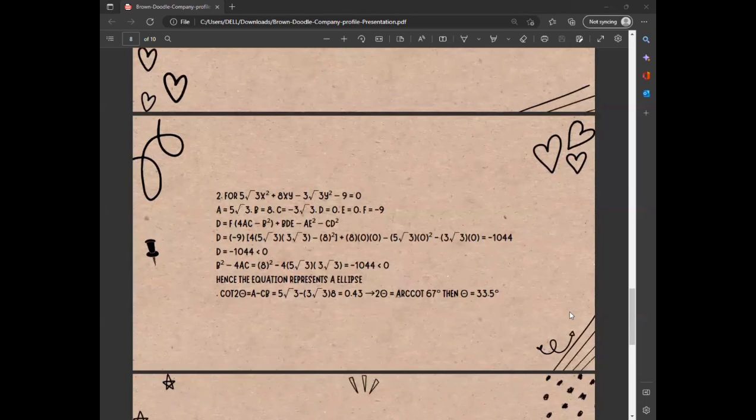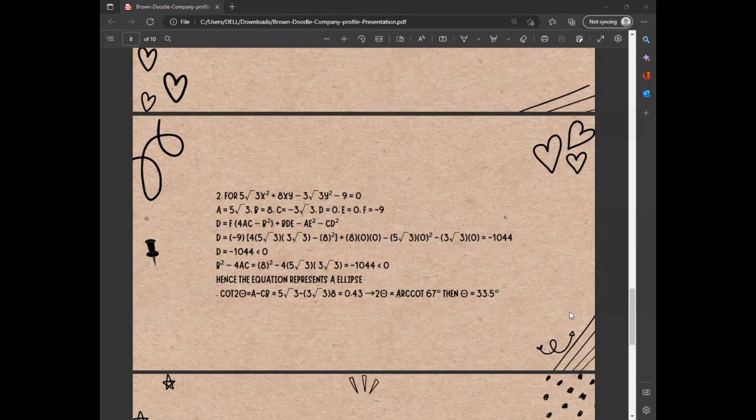Kasunod na problem. Number 2 is 5 square root of 3 x squared plus 8xy minus 3 square root of 3 y squared minus 9 is equal to 0. A is equal to 5 square root of 3, b is equal to 8, c is equal to negative 3 square root of 3, d is equal to 0, e is equal to 0, f is equal to negative 9.